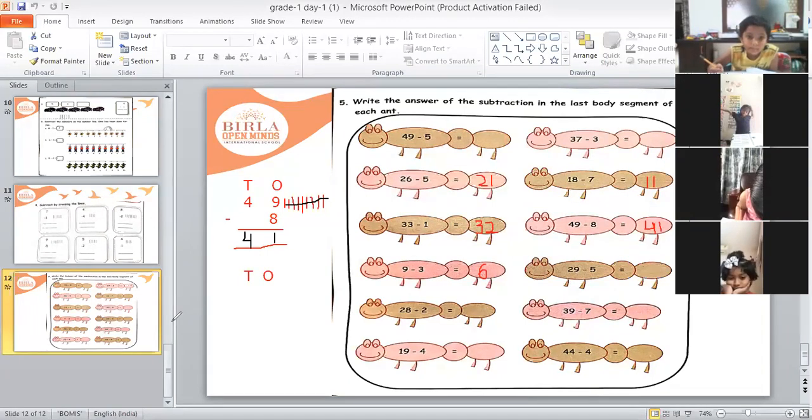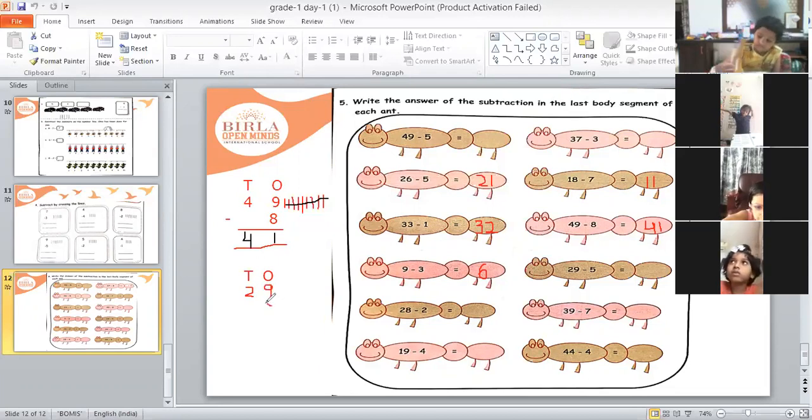Ashrita, read next question quickly. 29 minus 5. Yeah, now it's correct. This is 29 minus 5.